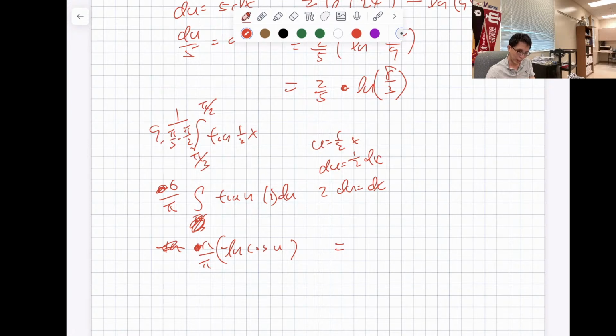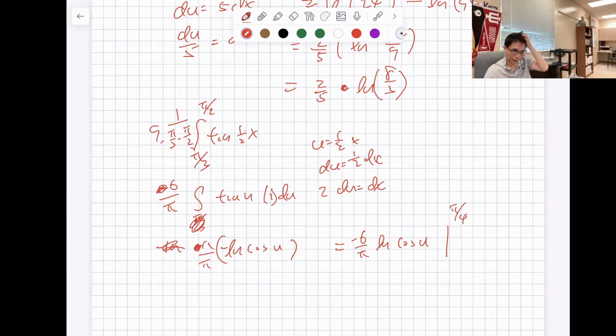Okay, so this is 6 over pi natural log of cosine of u between, what is u in this case? Pi over 4, right?